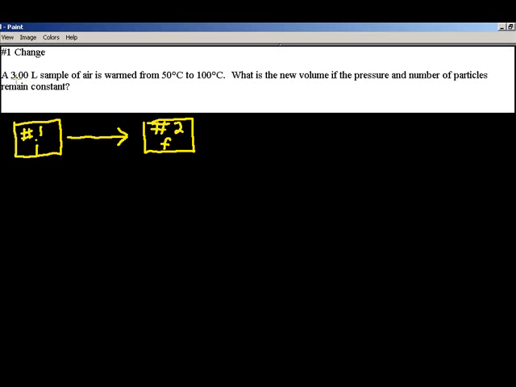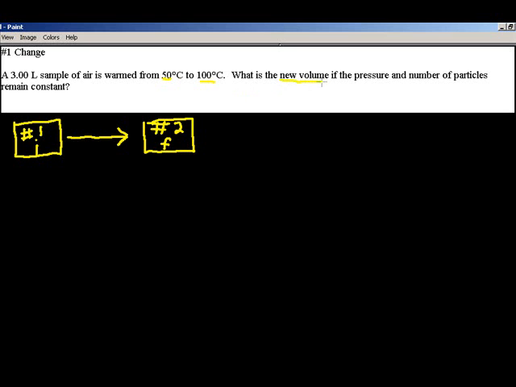It says here that we had a 3-liter sample of air. It doesn't say it, but we assume it's in a container. And that container that had the air got warmed, from 50 to 100. Now the question is, what is the new volume?